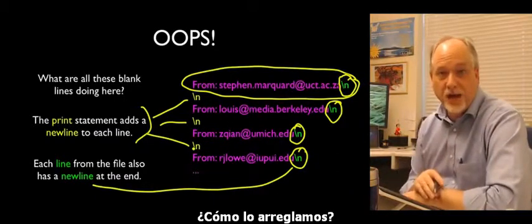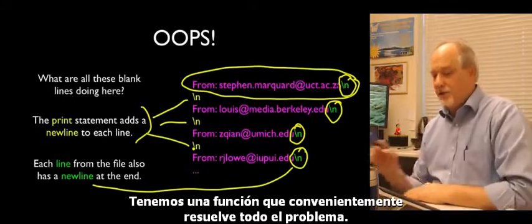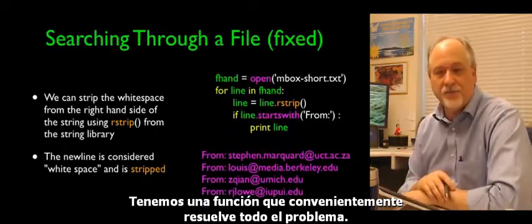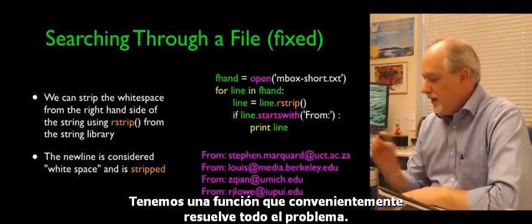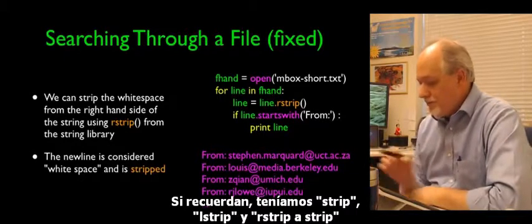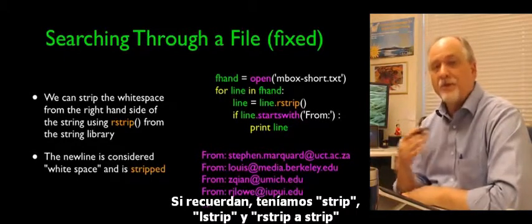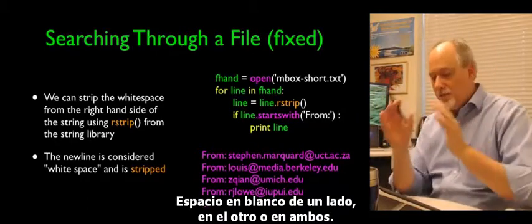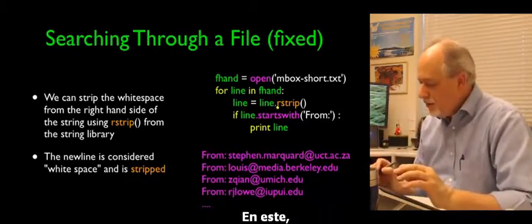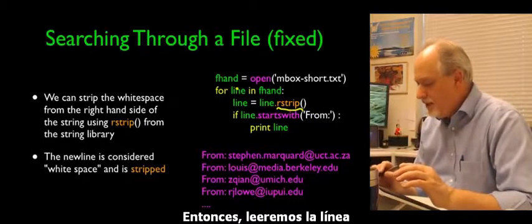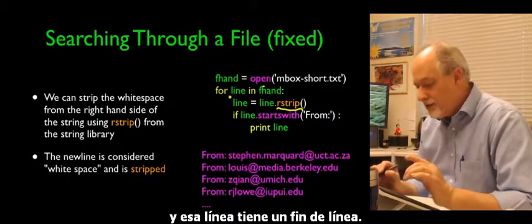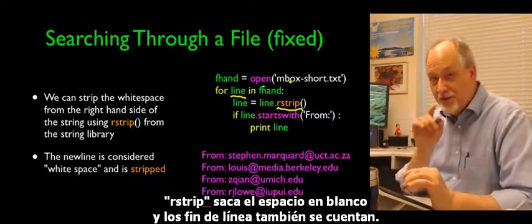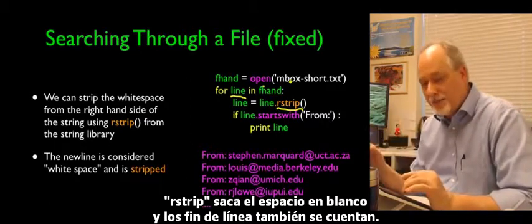So how do we deal with that? Well, we've got a string function that conveniently solves that problem. And that is, we're going to call rstrip. If you recall, we had strip, lstrip, and rstrip to strip white space on one side, on the other side, or on both sides. So in this one, we're going to use rstrip. We're going to read the line, and this line is going to have a new line in it. Rstrip says pull white space, and new lines are also counted as white space.